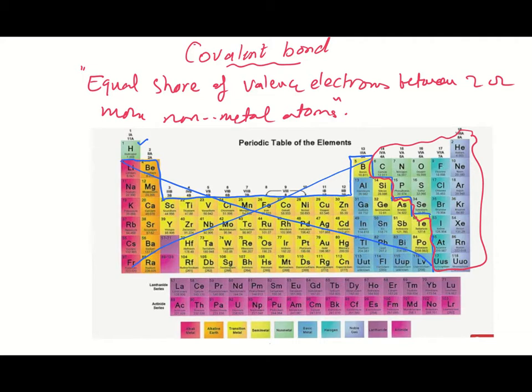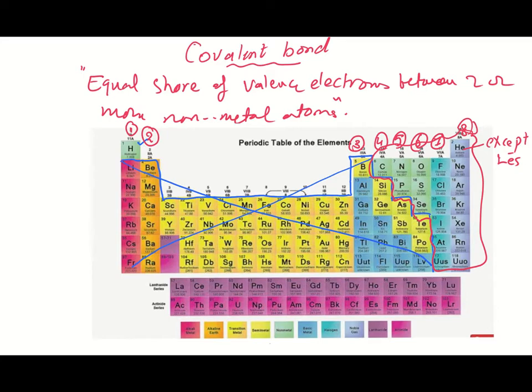Remember that the group number gives us evidence for the number of electrons in the outer shell, or what we call valence electrons. So hydrogen here has 1 valence electron. Elements in group 2 have 2 valence electrons, then 3, 4, 5, 6, 7, and 8, except helium, which has only 2 electrons instead of 8.